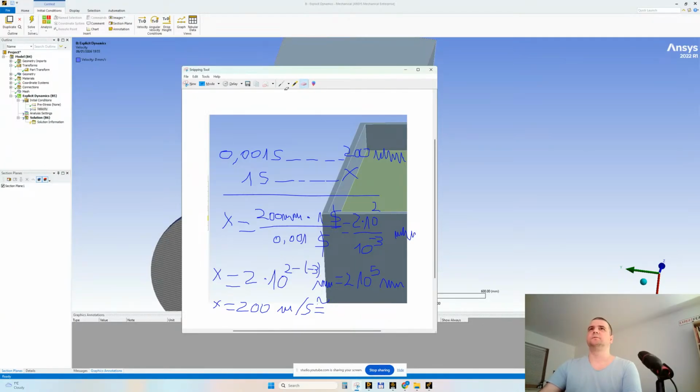So let's write here something like multiplied with 3.6, and it will result in 720 kilometers per hour.